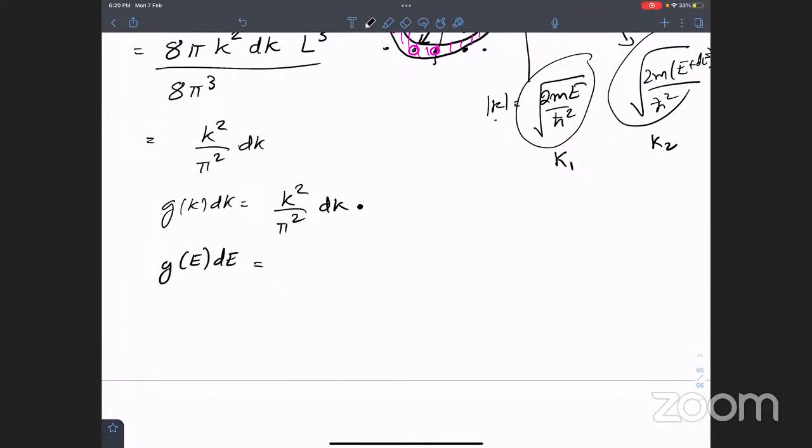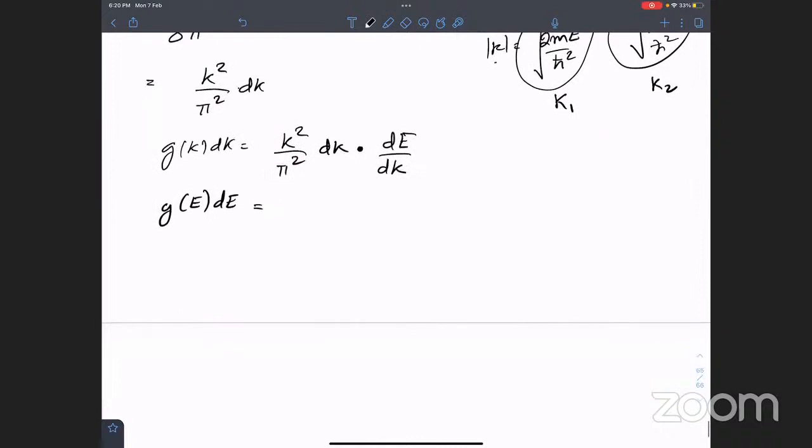That can be obtained by simply multiplying by dE by dk. You multiply by dE by dk, and this is going to get sorted out. Let us do that. Remember, E is nothing but h bar squared k squared by 2m.